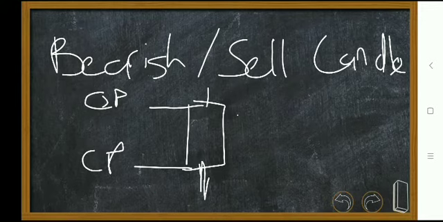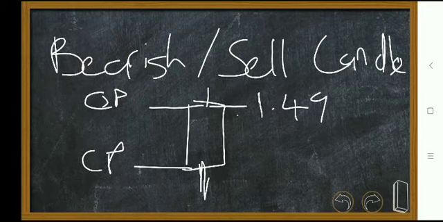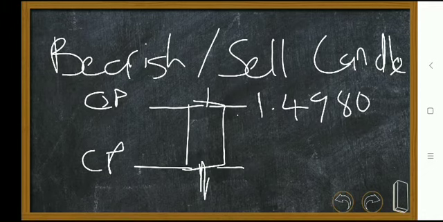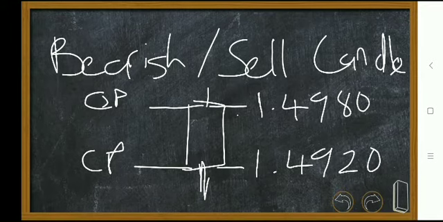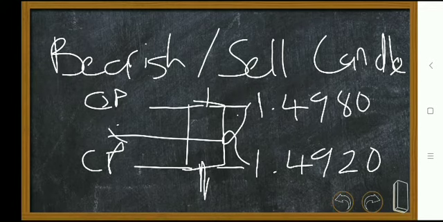Let's just say we have 1.4980. Then here the closing price is 1.49, you can say 20. You will see that the difference is 60 pips.